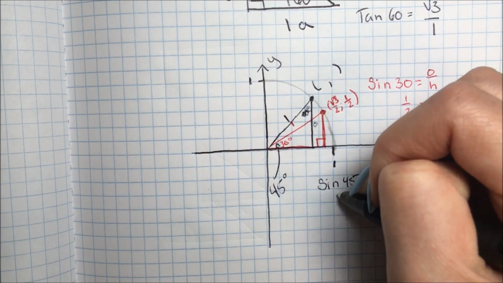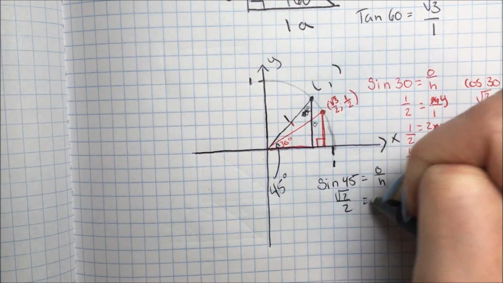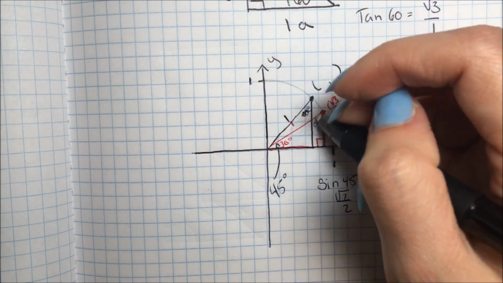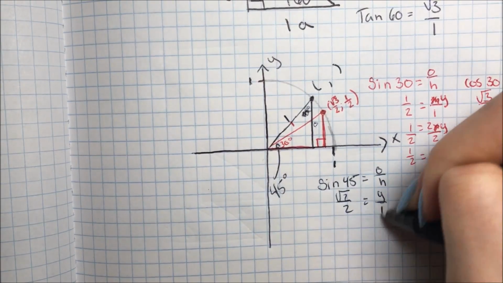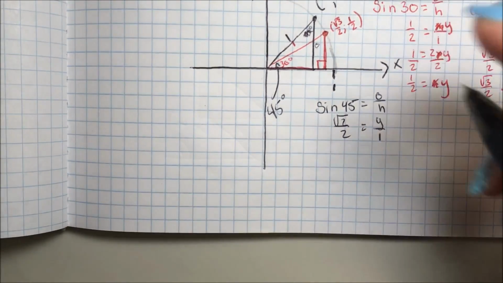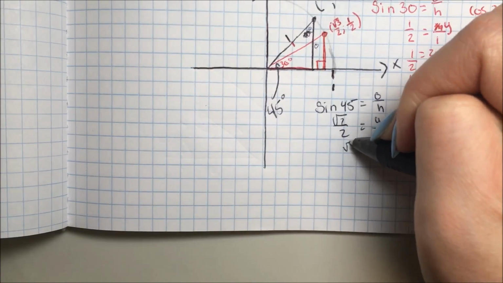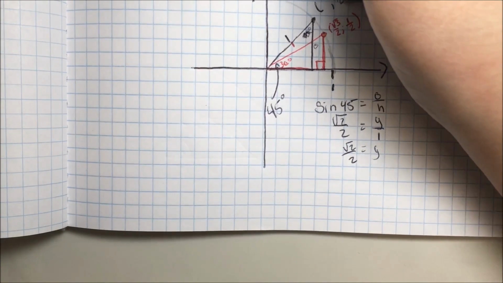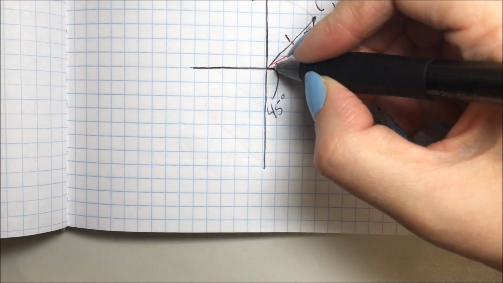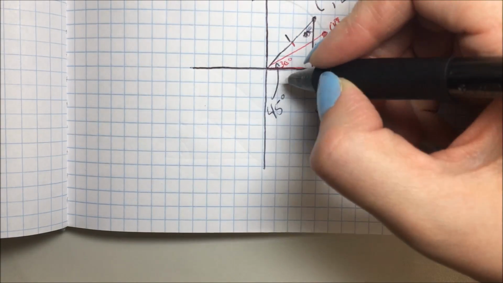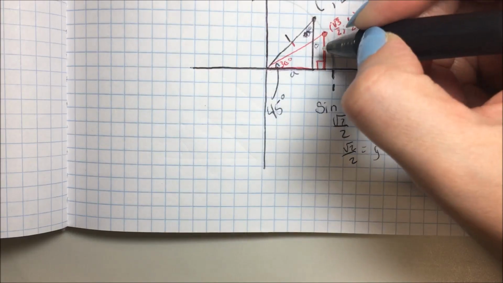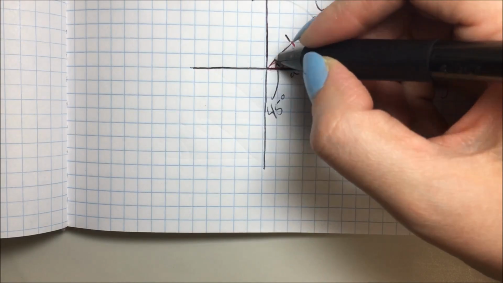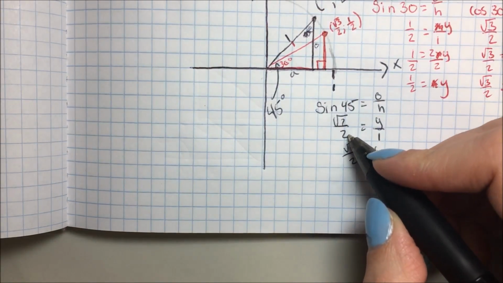And the sine of 45 degrees, remember, is radical 2 over 2. I don't know my O value or my y value, over 1. And when I solve this, I just get y equals radical 2 over 2. And then this x value, that's going to be my adjacent side. And I know that the cosine of 45 degrees is also radical 2 over 2.